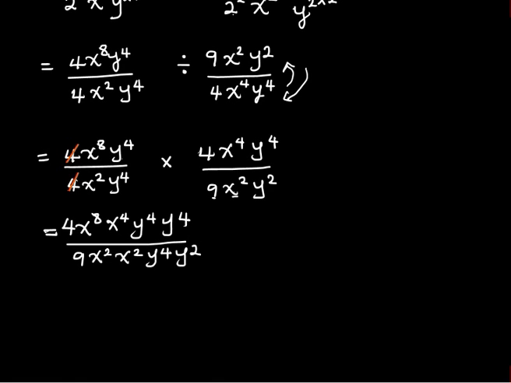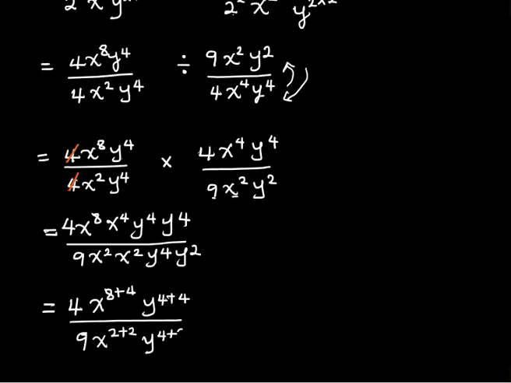So we get 4 x to the power of 8 plus 4, then y to the power of 4 plus 4, out of 9 x to the power of 2 plus 2, then y to the power of 4 plus 2.